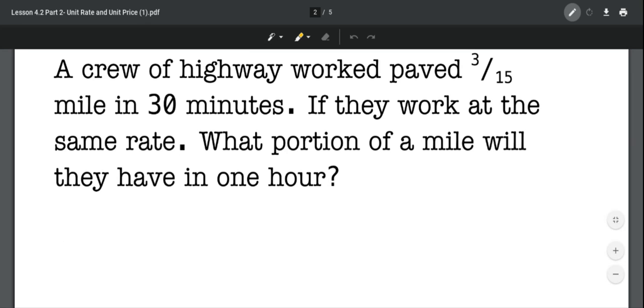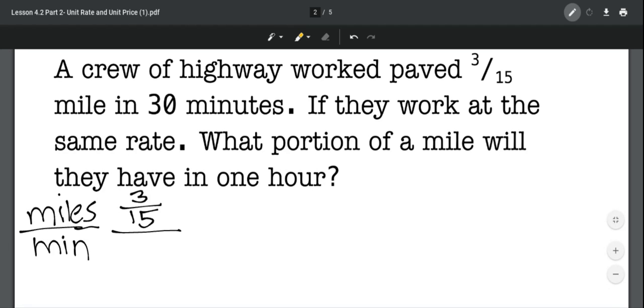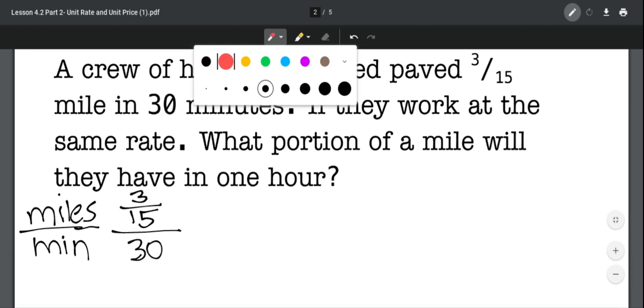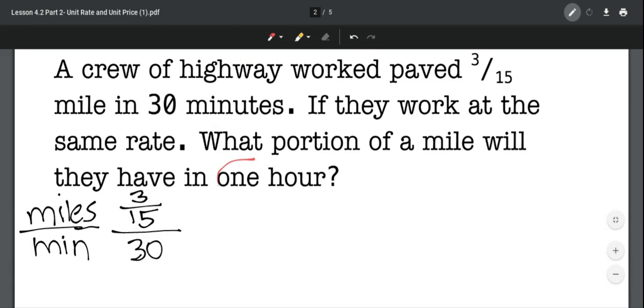We can use proportions to compare the number of miles to the number of minutes. In this particular problem, they paved 3/15 of a mile in 30 minutes. So now we want to see how much would they pave in 1 hour.